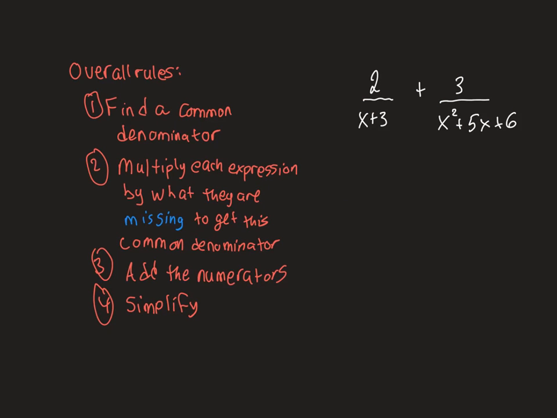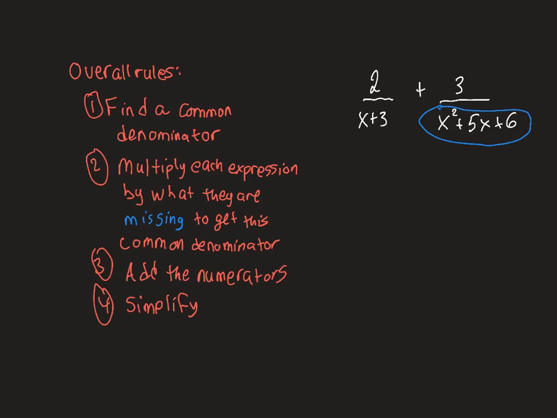Okay, so let's look at a little bit of a harder example here. In the last two examples, you only had one thing to worry about in the bottom. In this example, you're now going to be looking at how you can find out what the common denominators are, and this is why I keep using the word missing. To even do this, you need to make sure that you can factor, first and foremost, this.